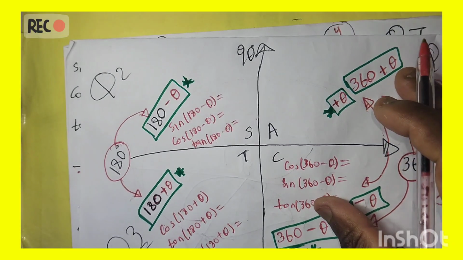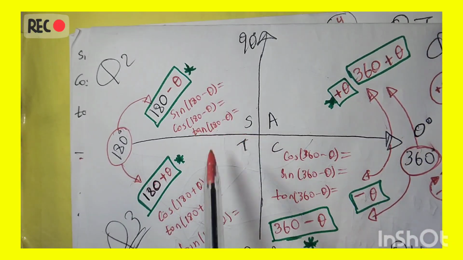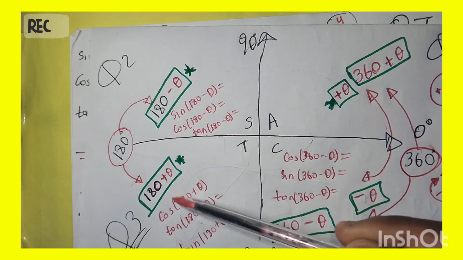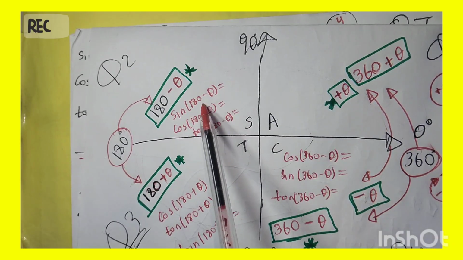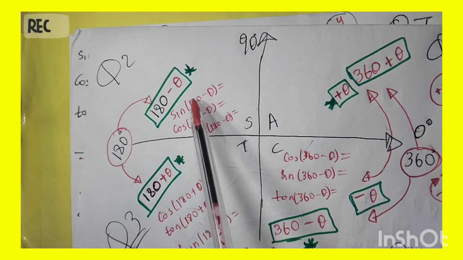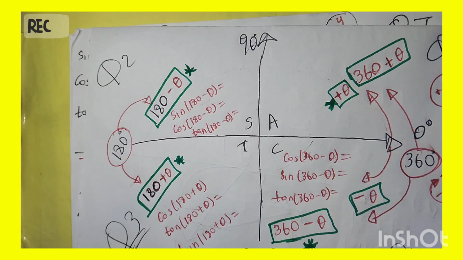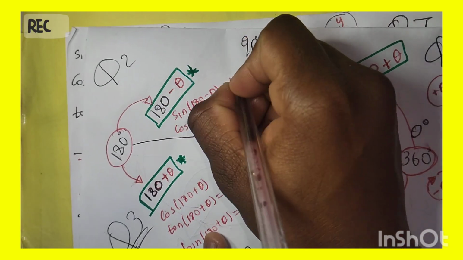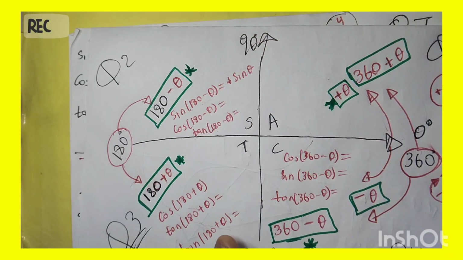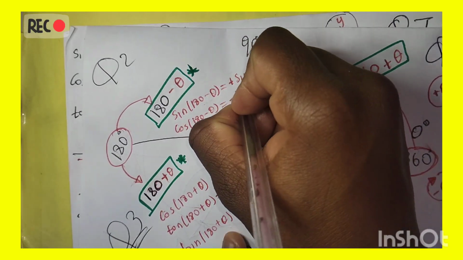Okay, so I want to focus on these three quadrants. If you see something like this, it's a position on the second quadrant, and on the second quadrant I know that sine is positive, but the other two will produce negative.